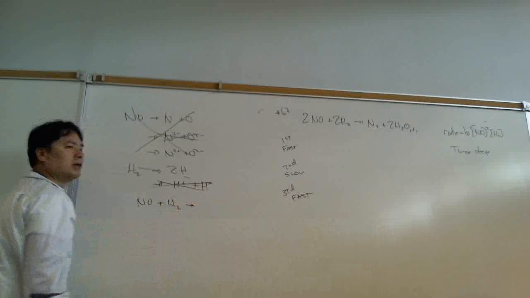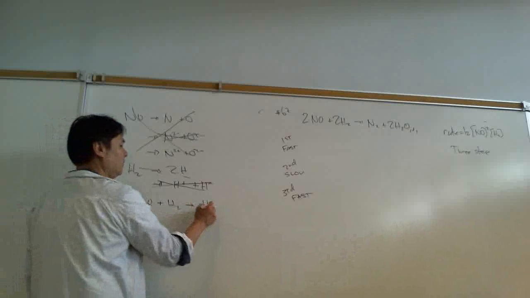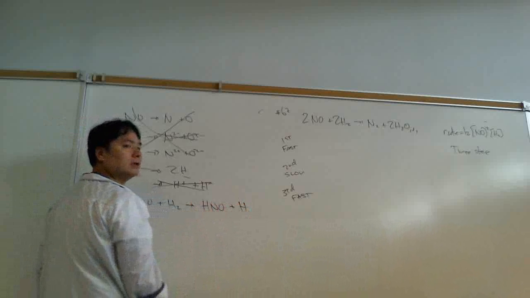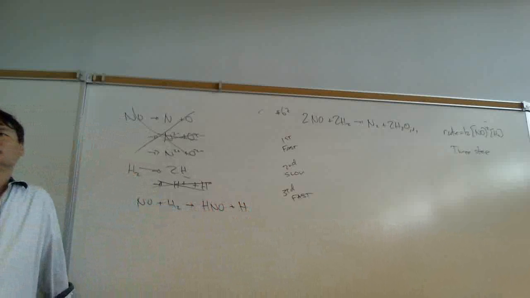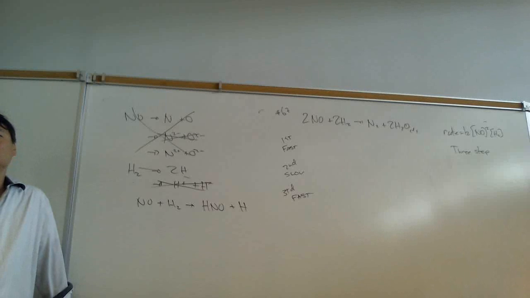What can we form with an NO and an H2? Maybe an HNO. Have you heard of this acid, HNO plus an H? No, not like that. Nitrous acid is HNO2. What is HNO? Have you ever heard of it?